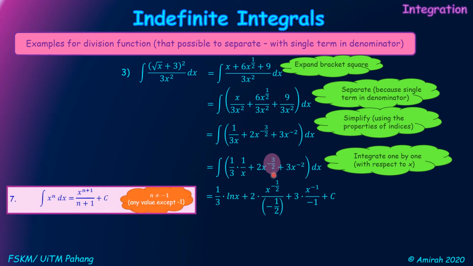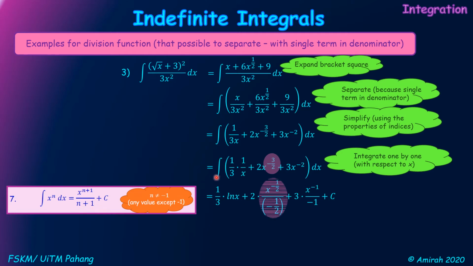Then we integrate x to the power of negative 3 over 2 using the power rule, because negative 3 over 2 does not equal negative 1. So we need to use this formula: x to the power of n plus 1 over n plus 1.